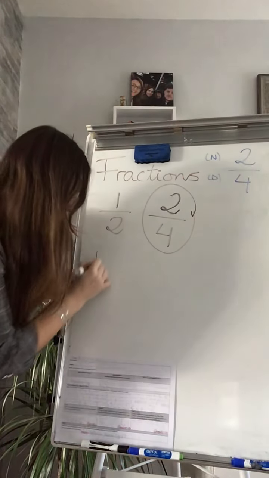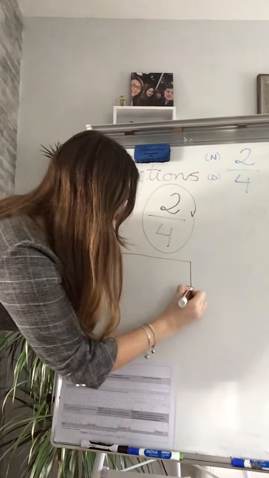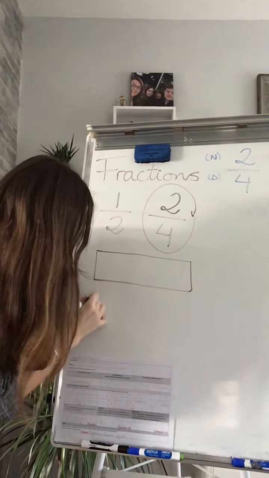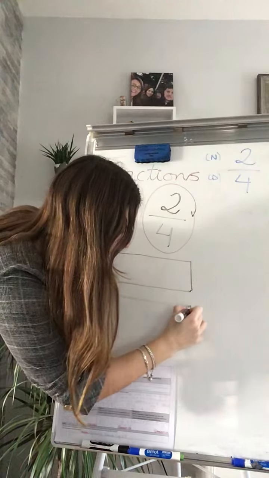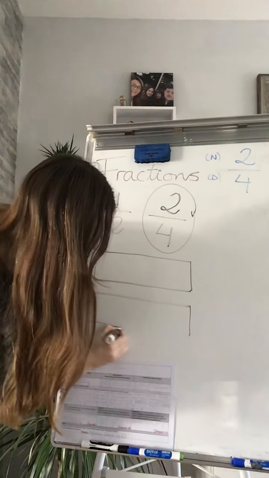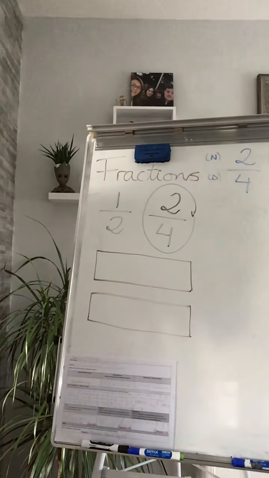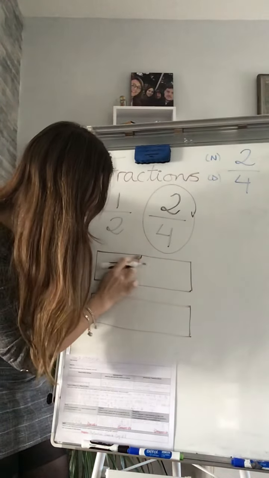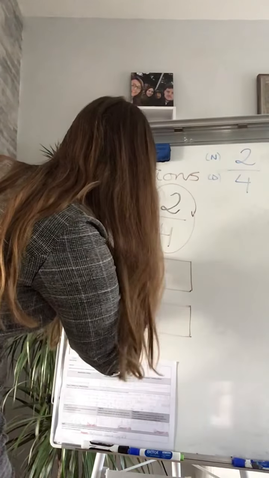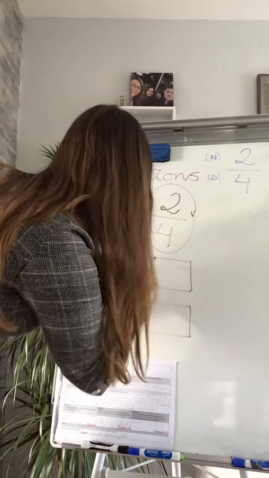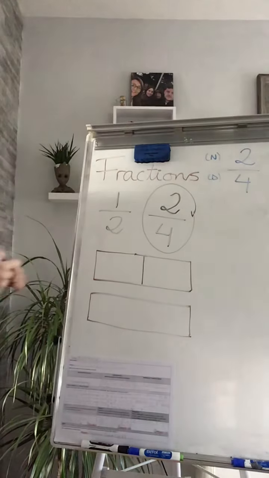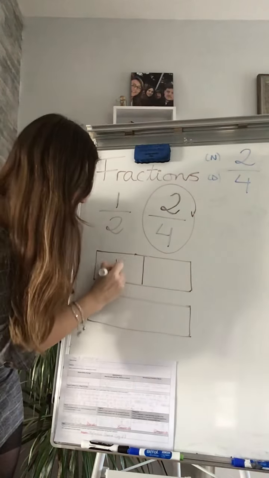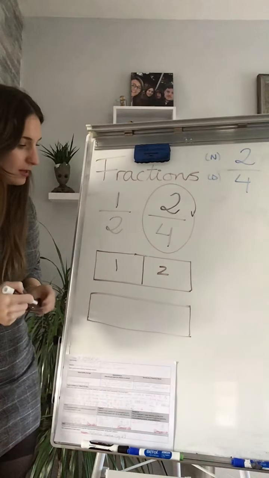Do you think that I'm going to end up eating more? Let's check. To check it, I'm going to draw my 2 chocolate bars, alright? And on my first chocolate bar, I'm trying to make it equal. On my first chocolate bar, I have 1 and 2.